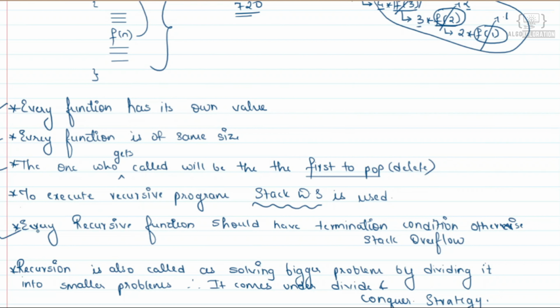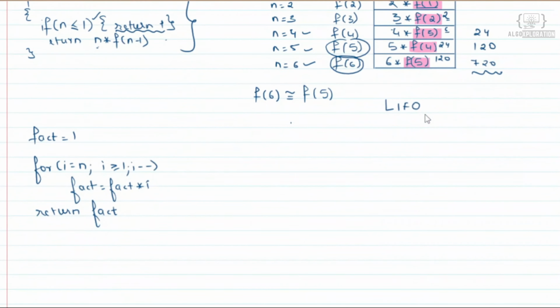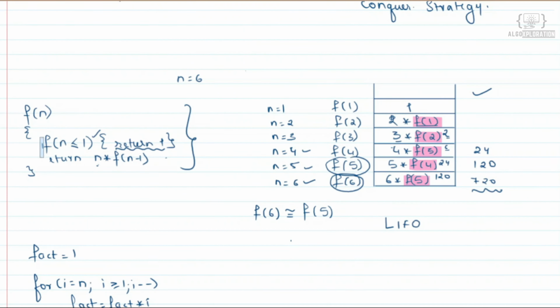The fourth point is every recursive function should have a termination point, at least one termination point. Otherwise stack overflow will occur. This means that here this is the termination point, also known as the base case.